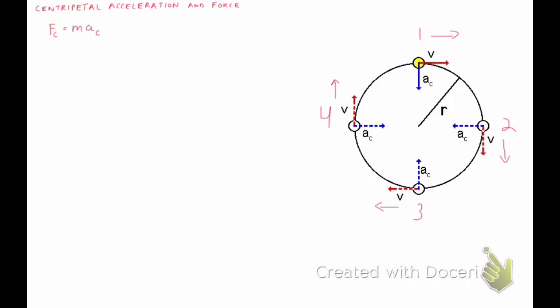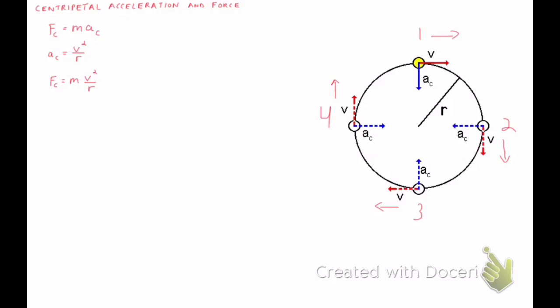Well, we know the centripetal acceleration, a_c, is equal to the velocity squared over r. So if we put that into F equals ma, or the centripetal force equals the mass times centripetal acceleration, we get that the centripetal force is equal to the mass times velocity squared over r.